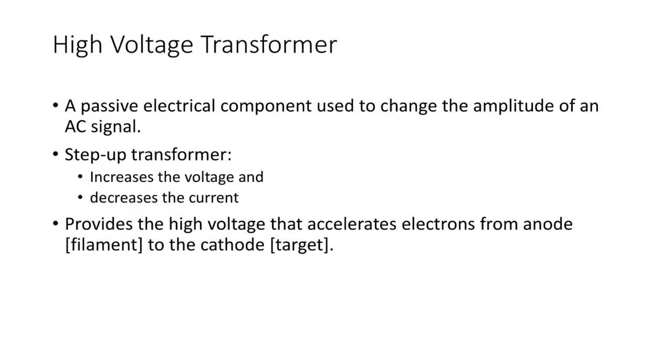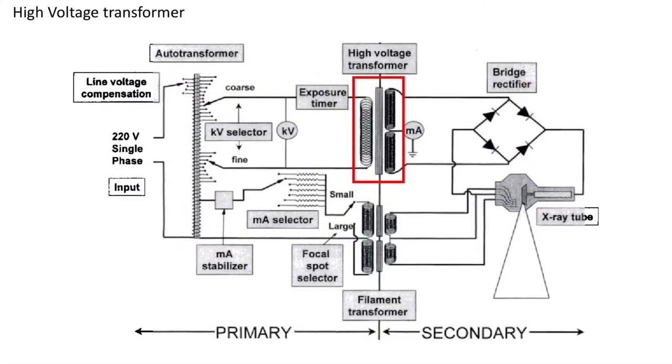This high voltage transformer is sometimes referred to as a step-up transformer. This is a generic name for it. Step up because its output voltage is larger than its input. So in this example, on this side of the circuit, we might have 220 volts, but on the output here, we might have maybe 1,000 times the output.